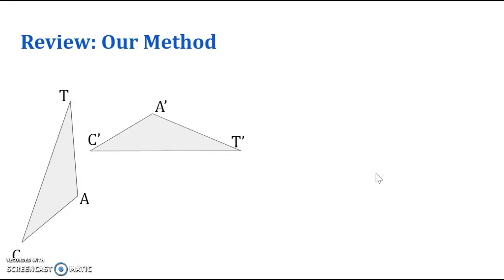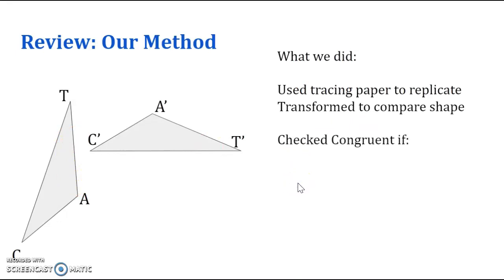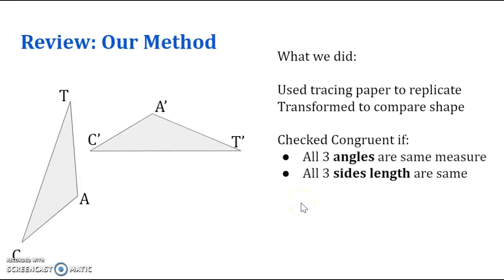Okay, so we used tracing paper to replicate the triangle and then transform it to compare the shape, and checked for congruence if all three angles are the same measure and all three side lengths are the same. So we did the tracing.